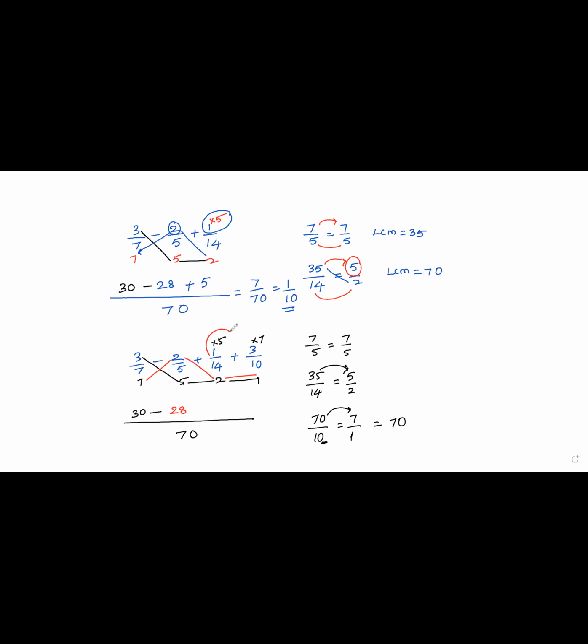Okay. Now see, 5 into the next denominator, plus 35. Now 3, there is no denominator here, so plus 21. So if you solve this part, then you are getting 30 minus 28 plus 35 plus 21, that is 58 by 70. So this is the final answer of the given question.